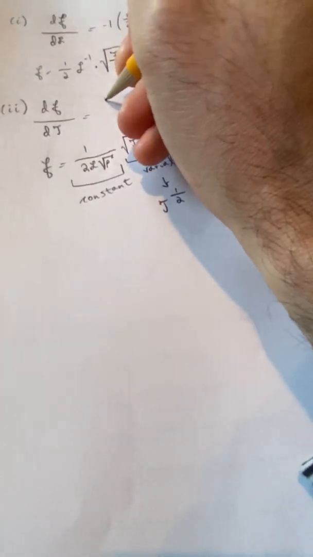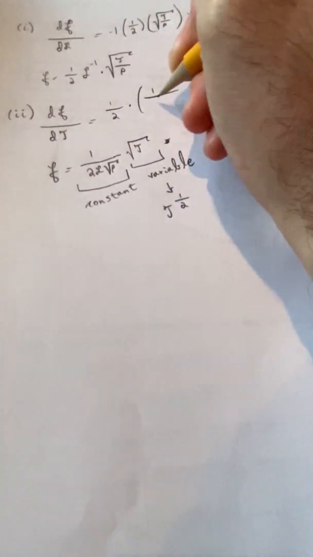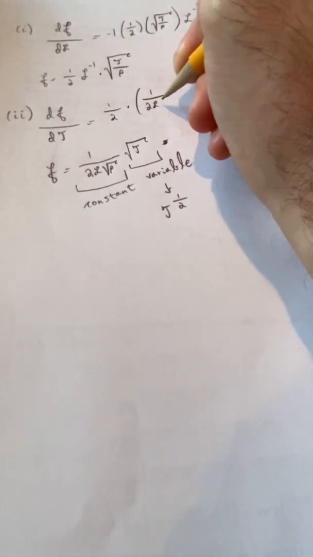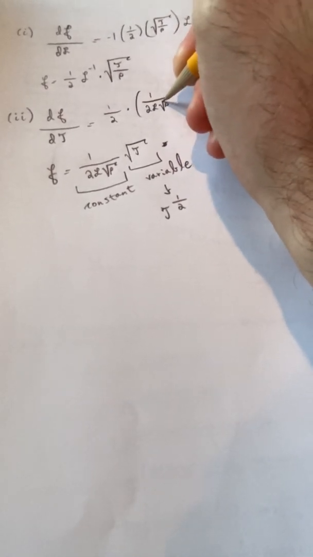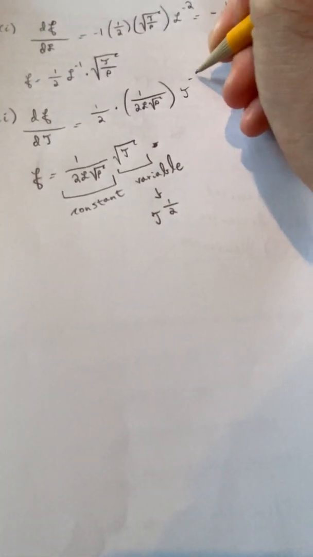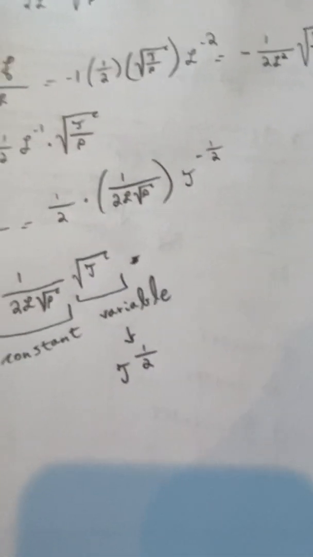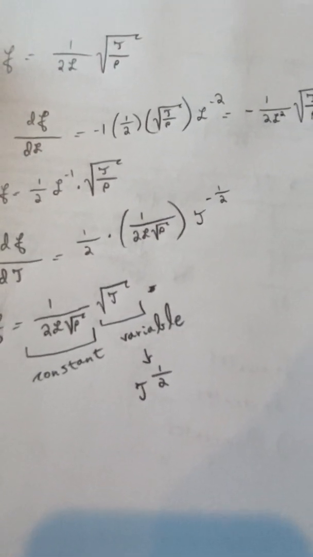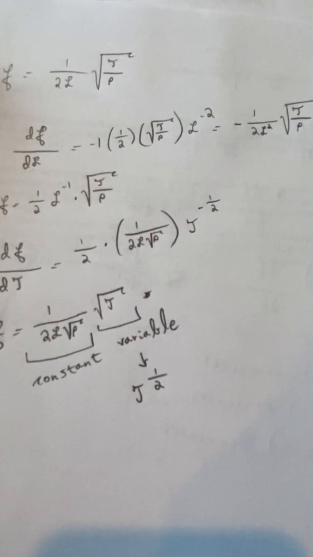So we'll have 1/2 times 1 over 2L square root of rho, okay, times t to the, now 1/2 minus 1 is going to be the negative 1/2, okay? And again, you could just leave it like this, although this is a little bit messy, so we can clean it up.